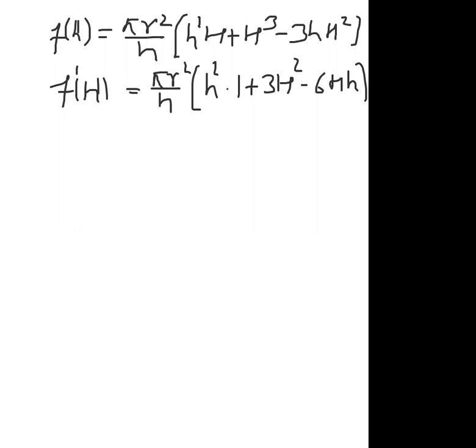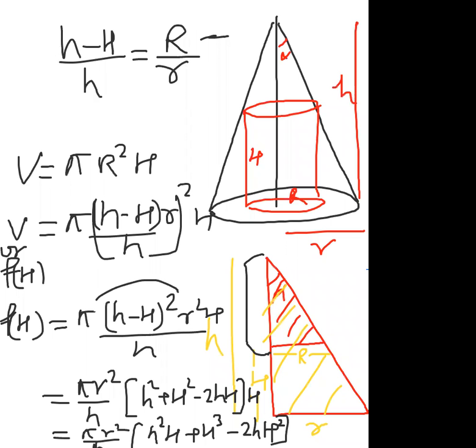Or better, I'm taking one more step that will make it easier. I suppose this step will take us through easier steps. I'm going with this. V(H) will be equal to pi r square (h minus H) whole square H upon h square.